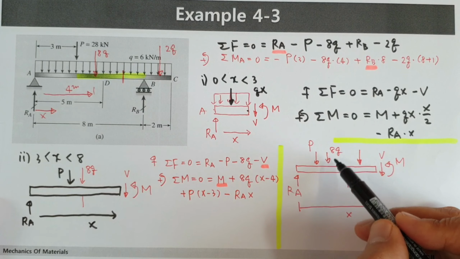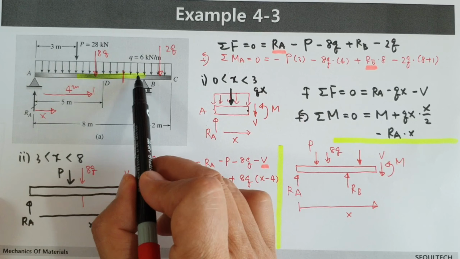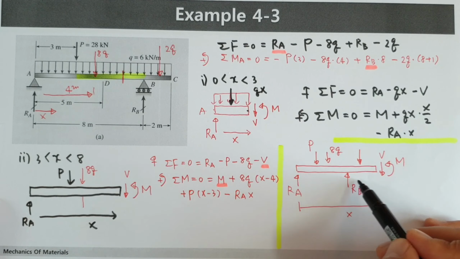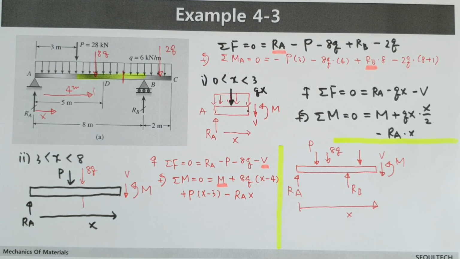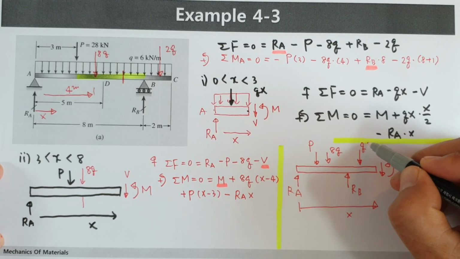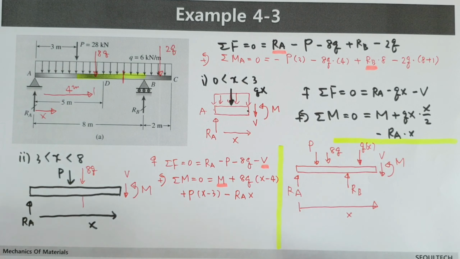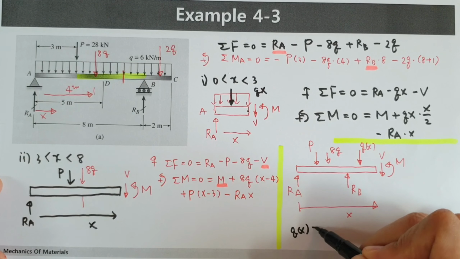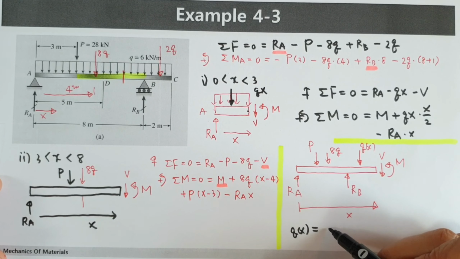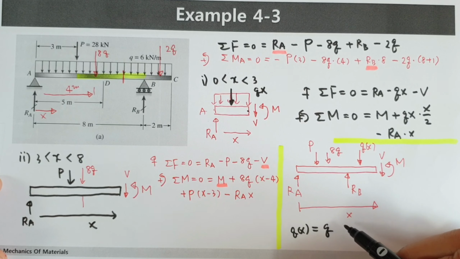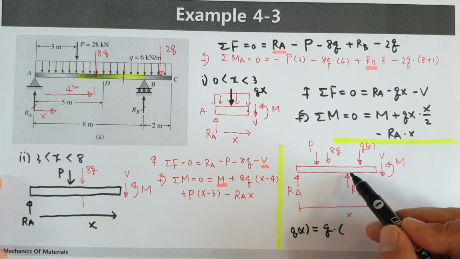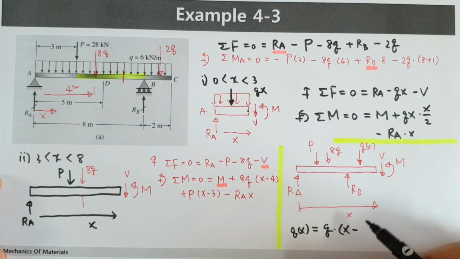We can say this 8Q is fixed, but this value, 2Q, is different because this length is changed. Actually, let's say this one is QX. The QX is calculated like this: distributed load Q multiplied by this distance, X minus 8.